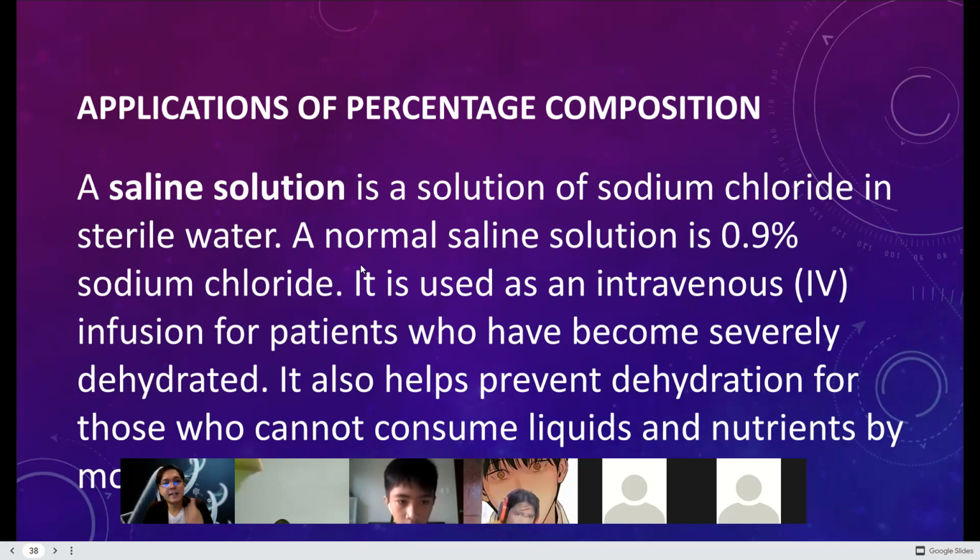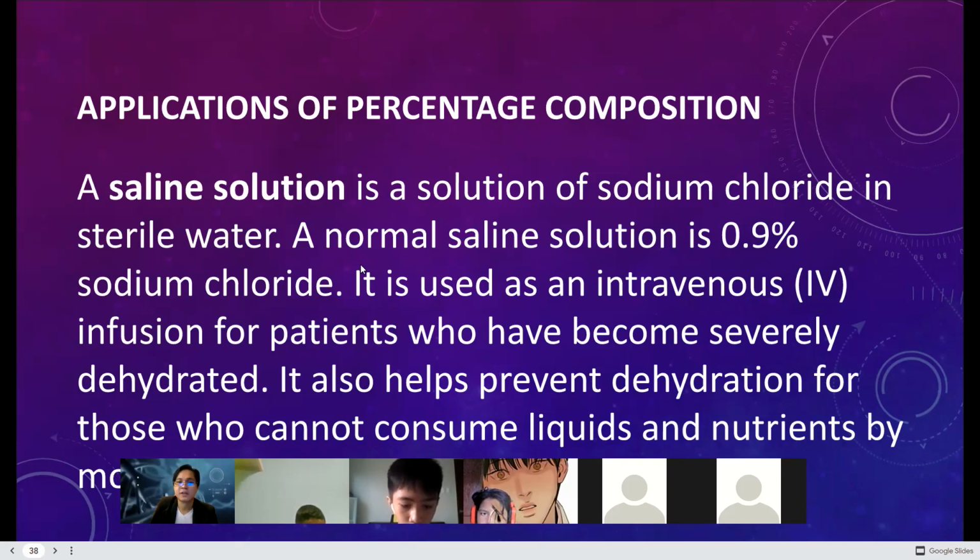Again, your NSS, the normal saline solution found in your dextrose, is a solution of sodium chloride, salt, and sterile water. Sterile means clean, untouched. A normal saline solution or NSS is 0.9% sodium chloride. It has salt in it, or ions.